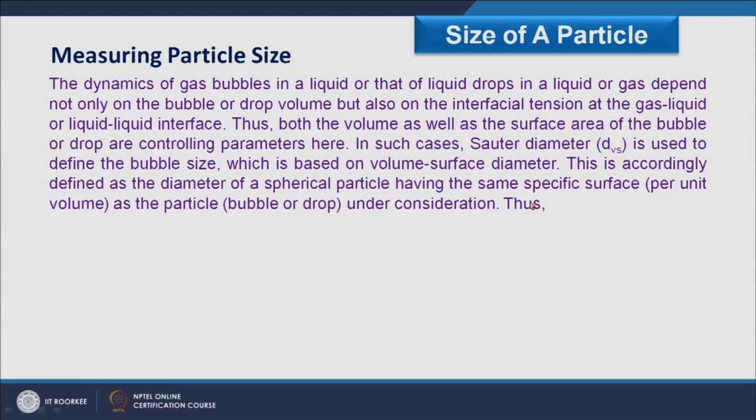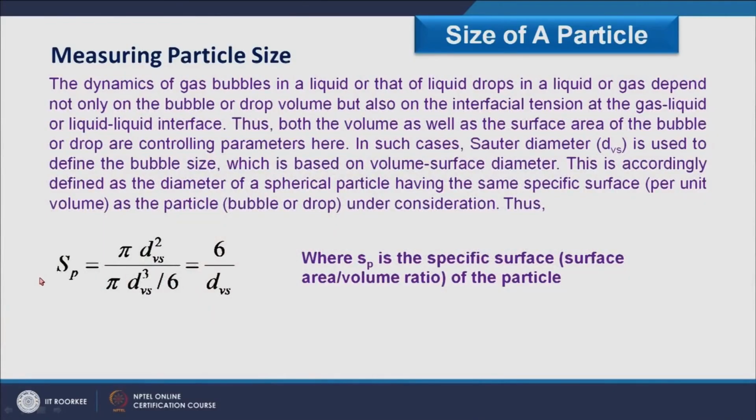This is accordingly defined as the diameter of a spherical particle having same specific surface. A specific surface means surface area per unit volume as the particle under consideration. So if I am having this Sp, that is the specific surface, which is the surface area per unit volume of the particle, here we have the surface area of a spherical particle and here we have the volume of the spherical particle.